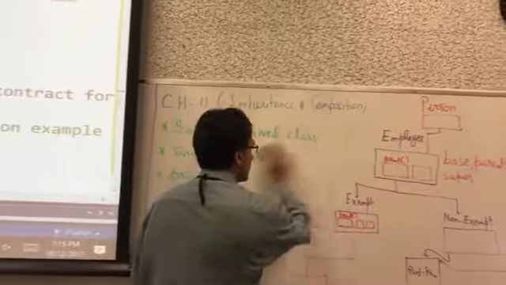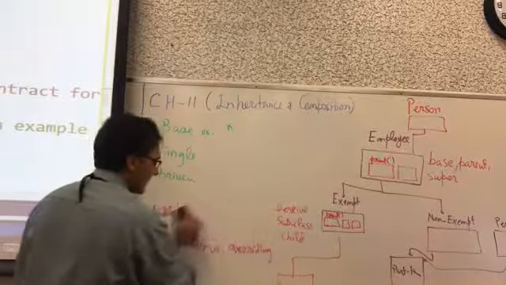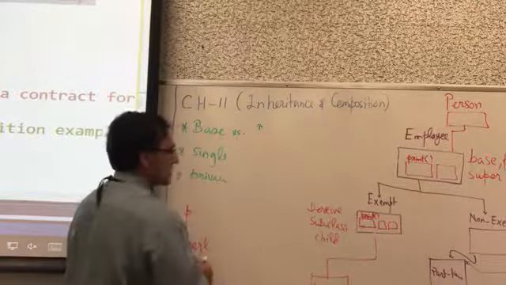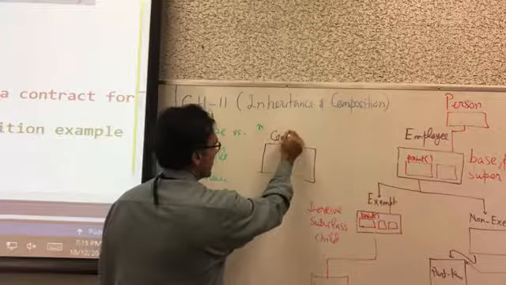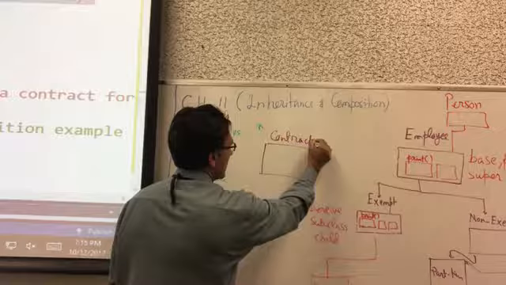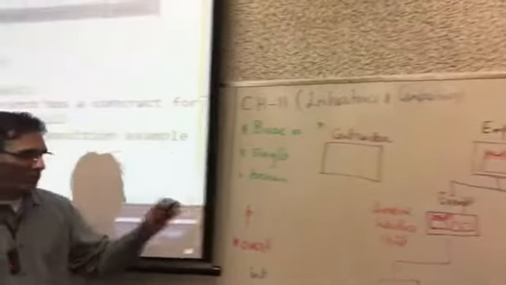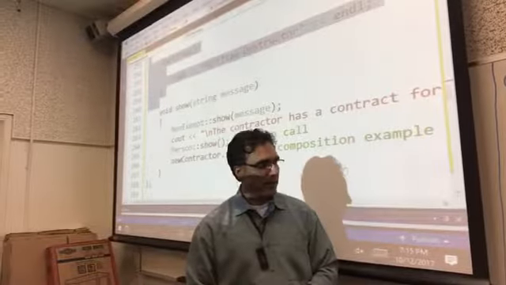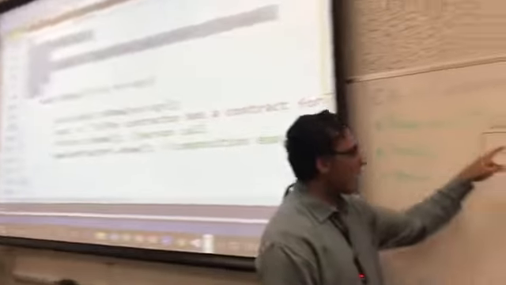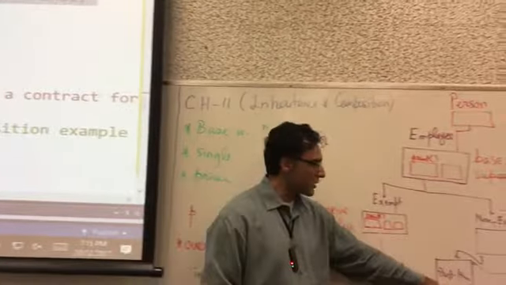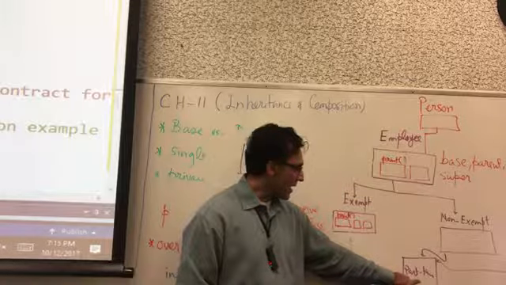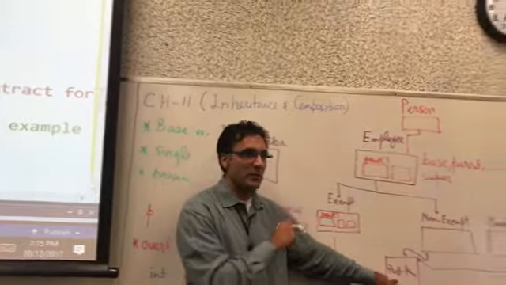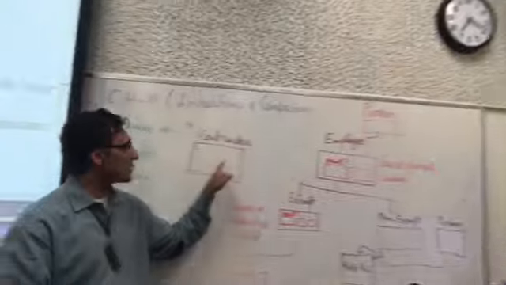It had no relationship in this inheritance. If you want to see, the contractor is sitting over here. This contractor has no relationship in this inheritance. I'm creating an object of this type in part-time.